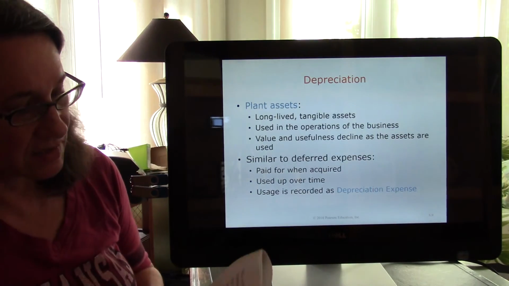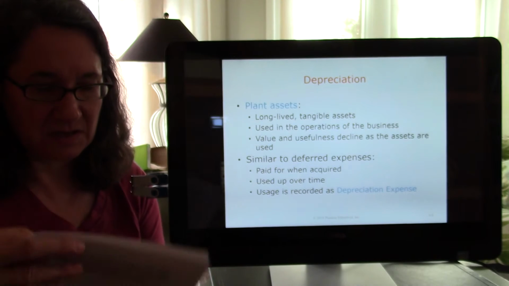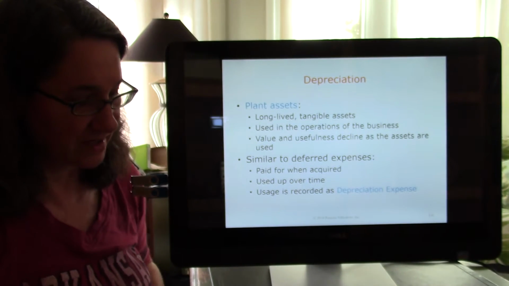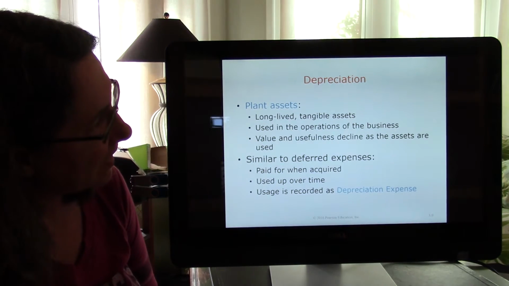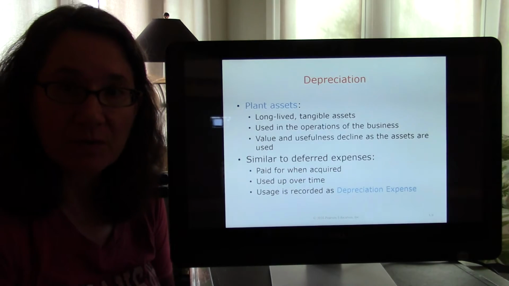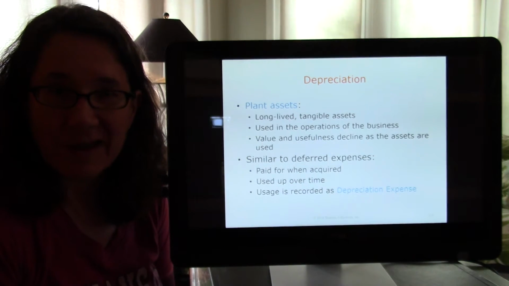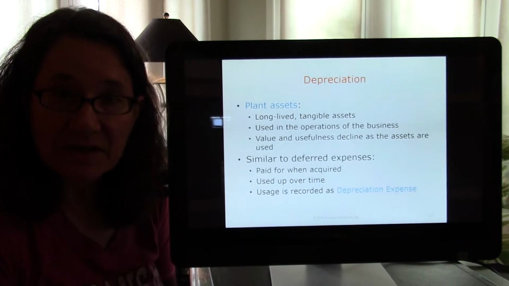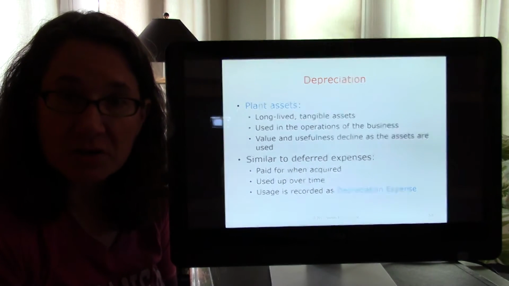All right, so here's a special kind of adjusting entry we call depreciation. All right, so let's think about this up front before I start reading the notes. So you think about something that's used up over a long period of time, like a building, a vehicle, furniture, things like that.